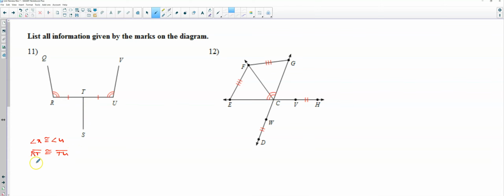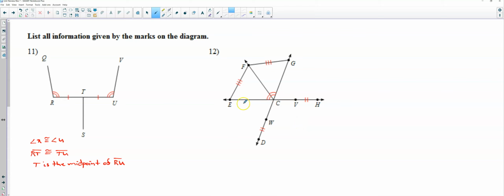That means that T is the midpoint of segment RU. So all this is implied in this diagram.